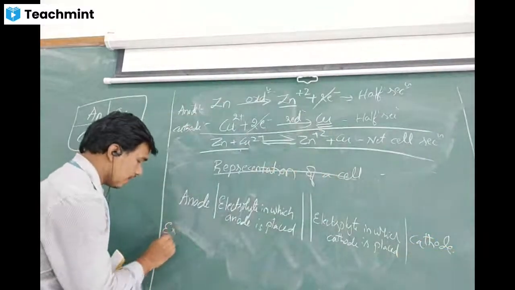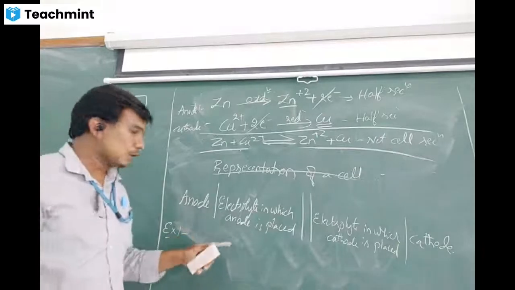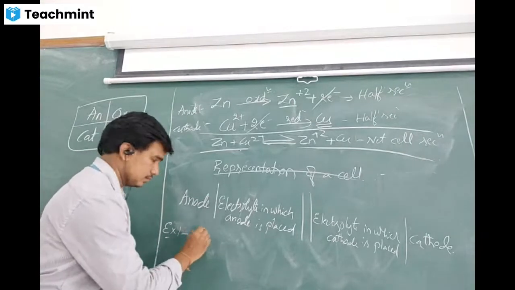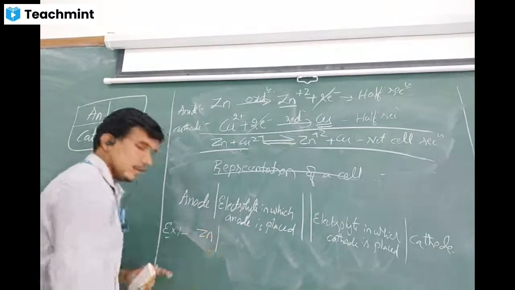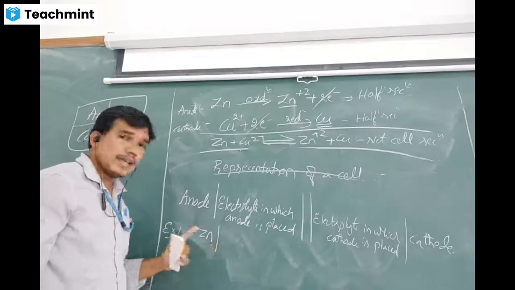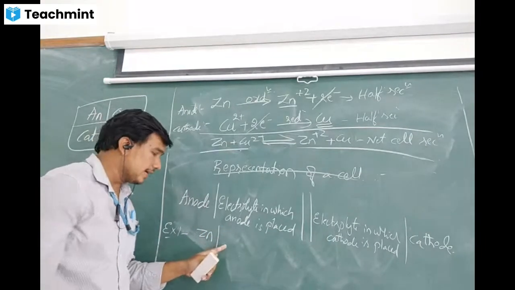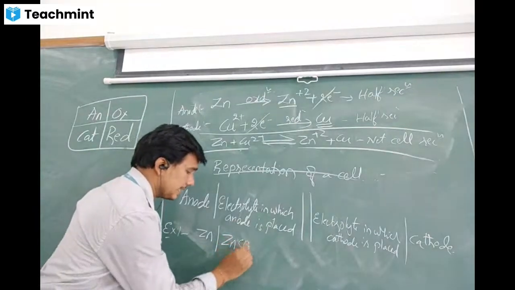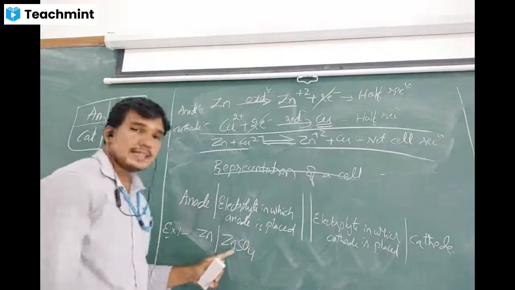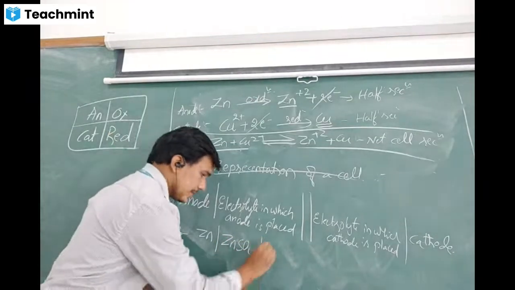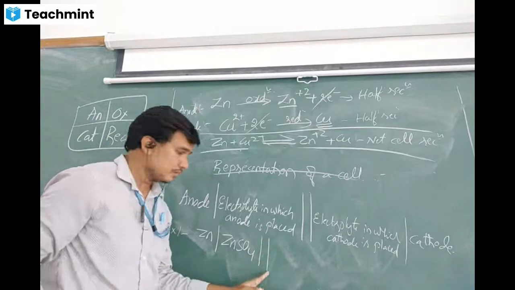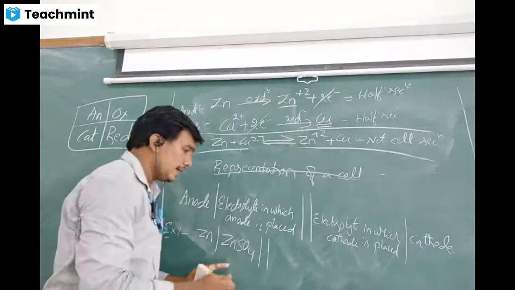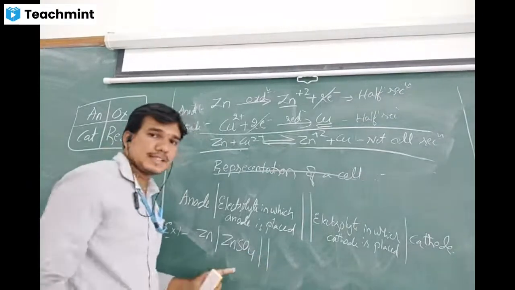Now you tell me, for the Daniel cell how we have to represent. Anode is here. Zinc, single vertical line which separates the electrode and electrolyte. Electrolyte in the anode is zinc sulfate, we can write, or as she said, Zn 2 plus ions. Next, the salt bridge, which differentiates anode and cathode and internally connects them without mixing.